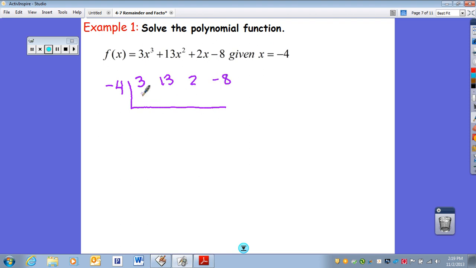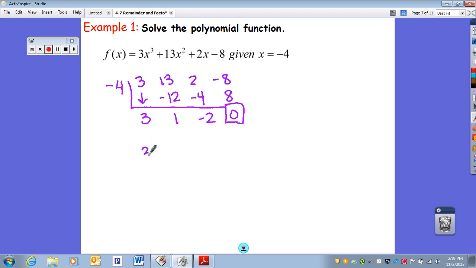We're going to bring down the 3 and multiply. Then we add, and we multiply, and then we add, and we multiply, and with our remainder of 0, we knew that that was one of our solutions, x is equal to negative 4.